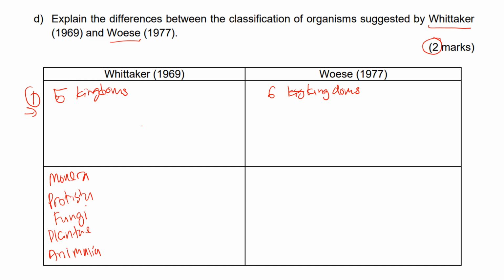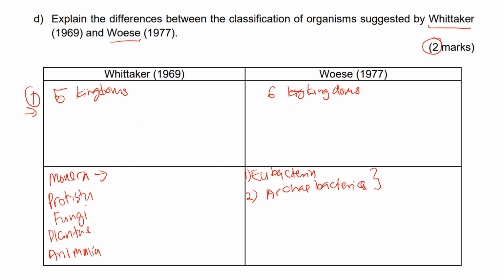The 6 kingdoms by Woese: originally there was Monera. Woese divided Monera into 2 more kingdoms, which are Eubacteria and Archaeobacteria.